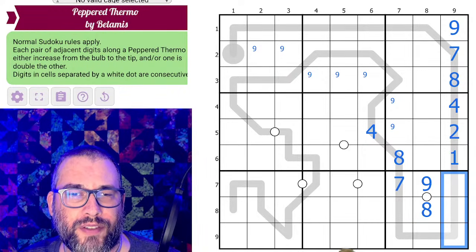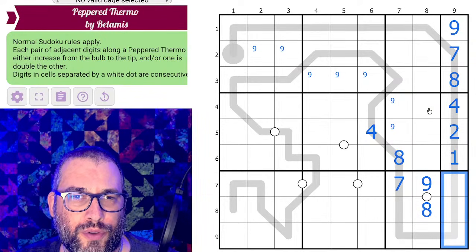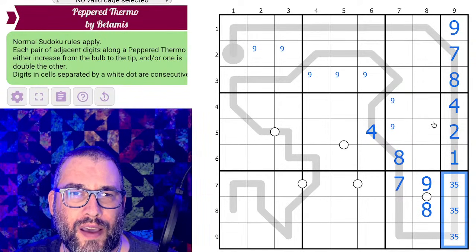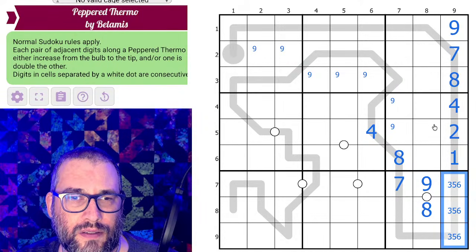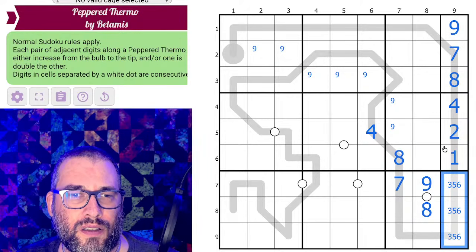What have we got left in the column? 1, 2, 3, 5, and 6. So I think it has to go 5, 6, 3, 4, 2, 1 here.